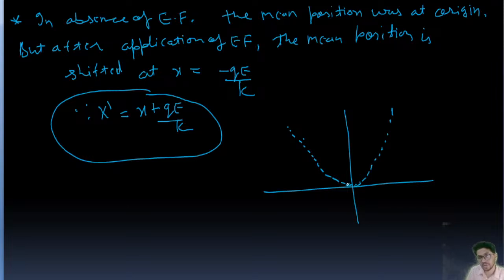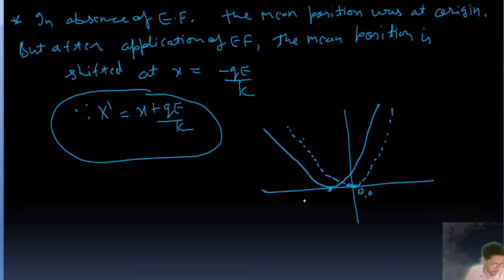This was the position, the mean position was here, right? But after the perturbation, the application of the electric field, this becomes like this. So the position is 0, right?